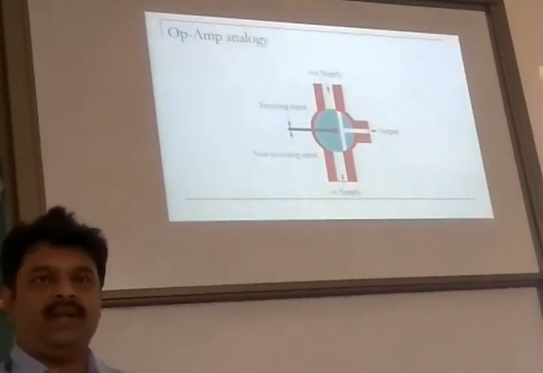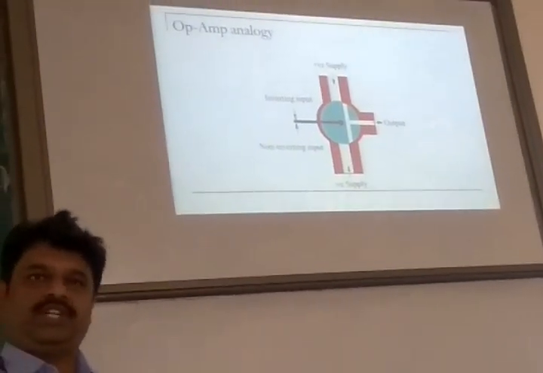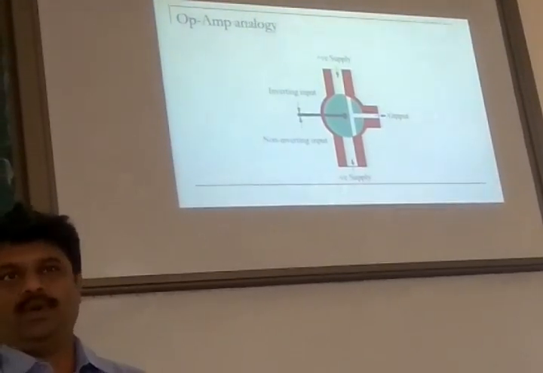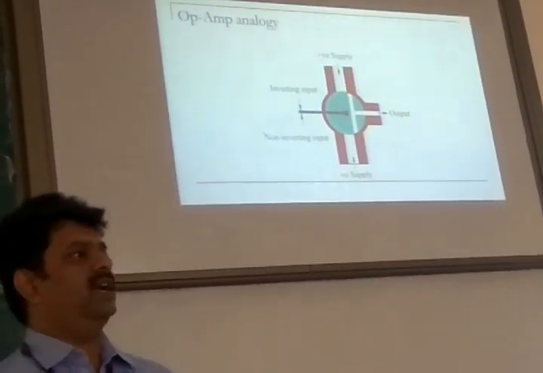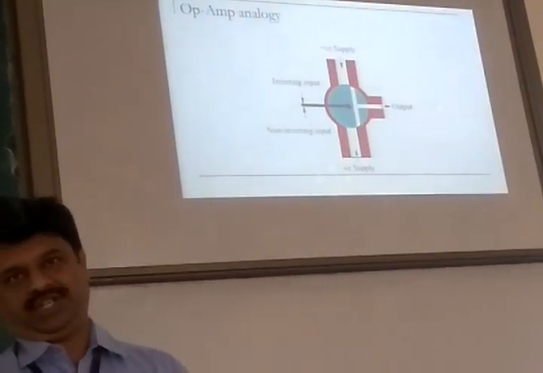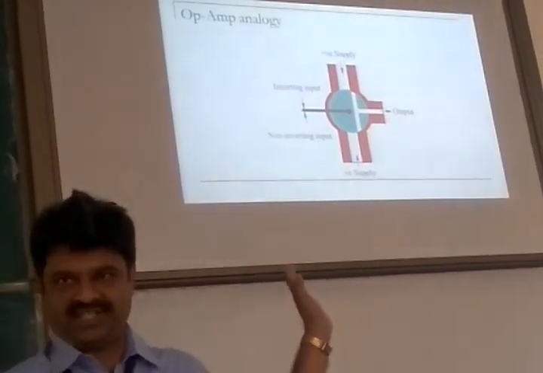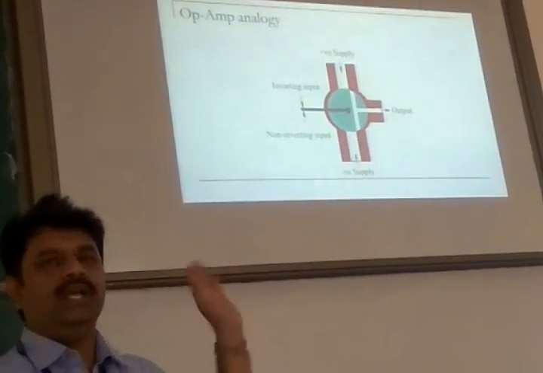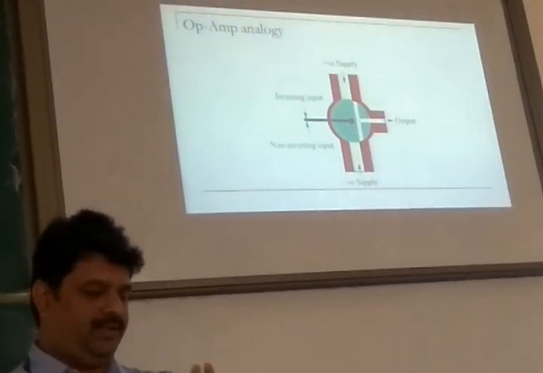Up to a certain limit, there is a proportional increase in the output with respect to the difference in input. Beyond that, it reaches saturation, both on the positive side and the negative side. That's the input-output characteristic I described in the very first slide. The same idea you can explain with the pneumatic example.